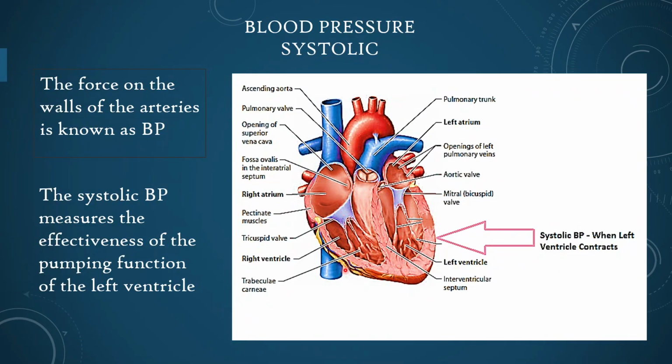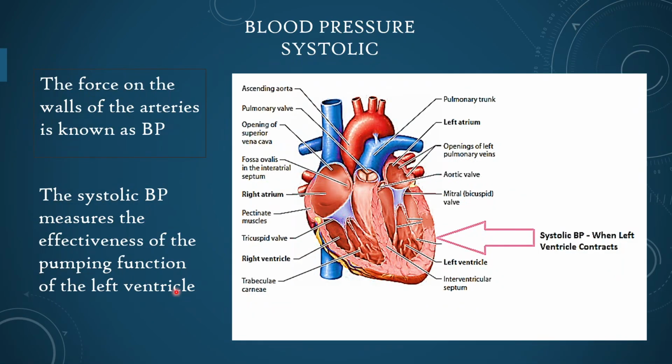Let's talk about blood pressure, and let's talk about systolic. So we can look at the definition of that. The force on the walls of the arteries is known as blood pressure. And the systolic blood pressure measures the effectiveness of the pump function of the left ventricle.